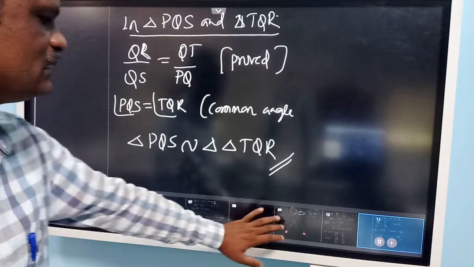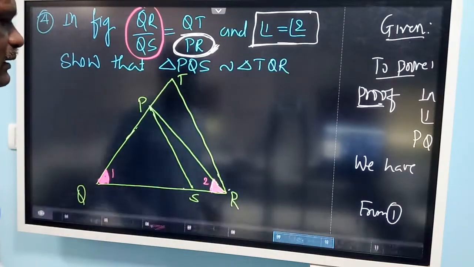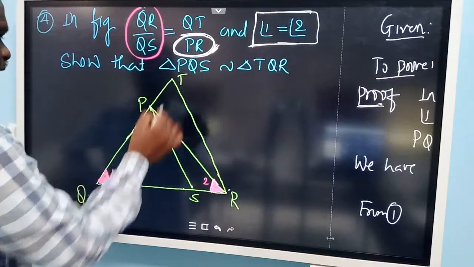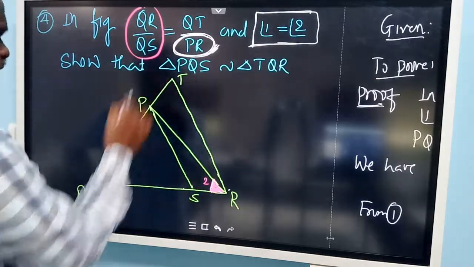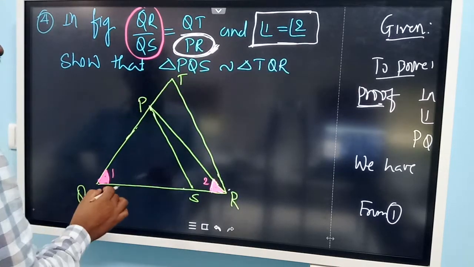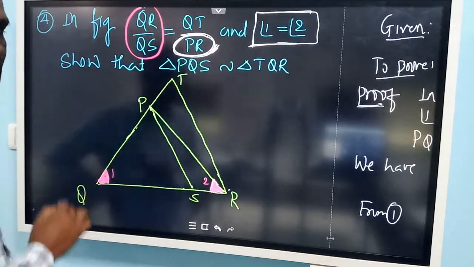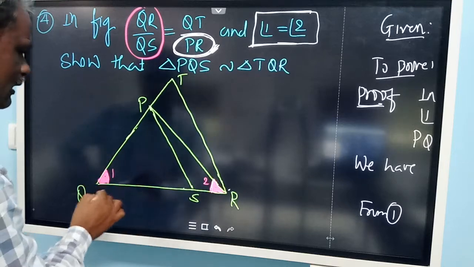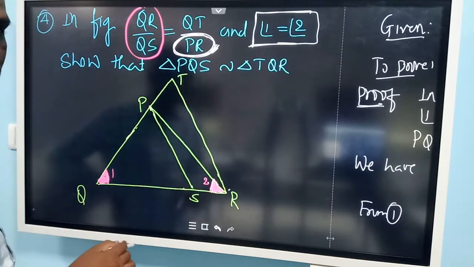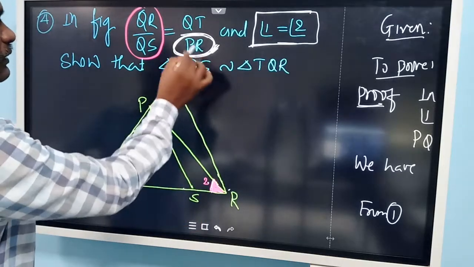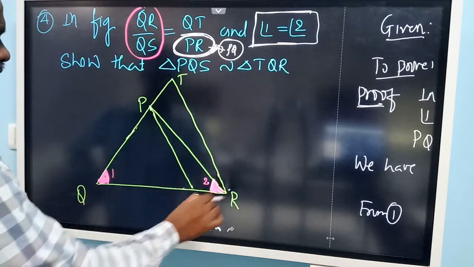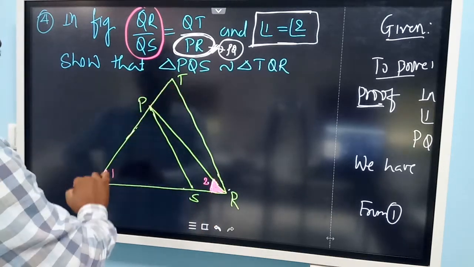So look at the diagram once again. Here in the question they have given QR by QS, then QT by, instead of QP they have given PR. Now again angle 1 and 2 are equal. Therefore you can write PR as PQ. So now QR by QS, QT by QP.